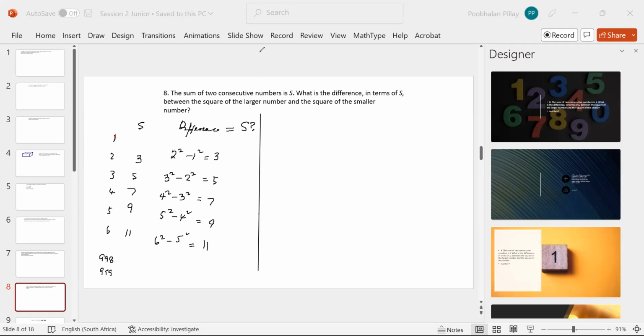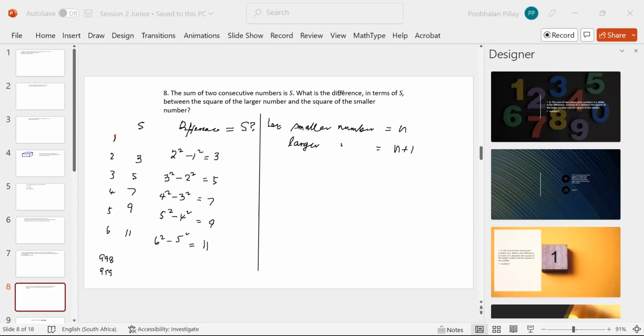So why don't we give a name to the smaller number? Let the smaller number be equal to n. Right, these are consecutive numbers, so they're next to each other. So the larger number will be one more.